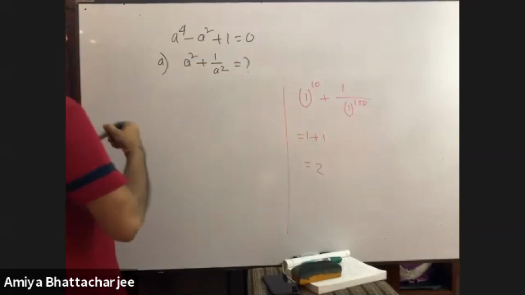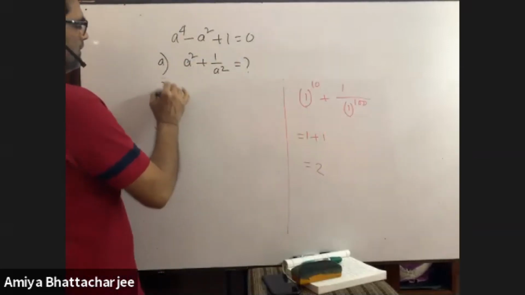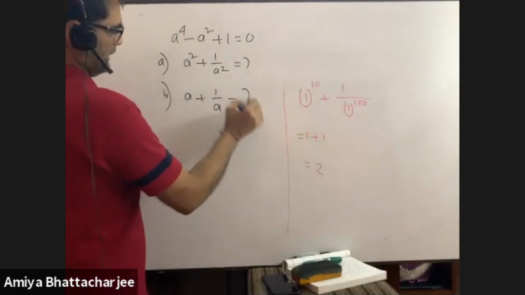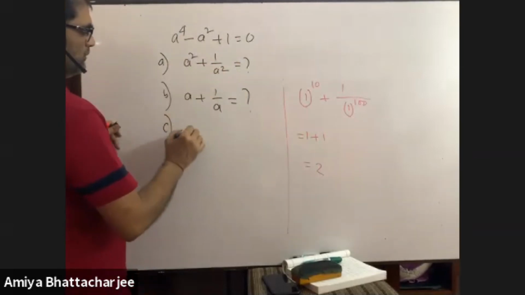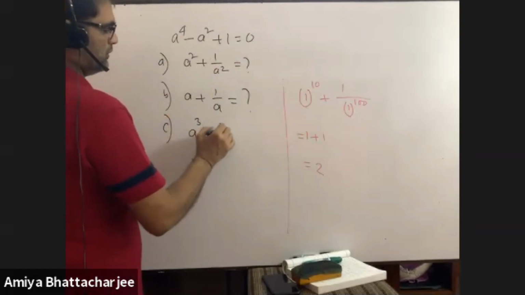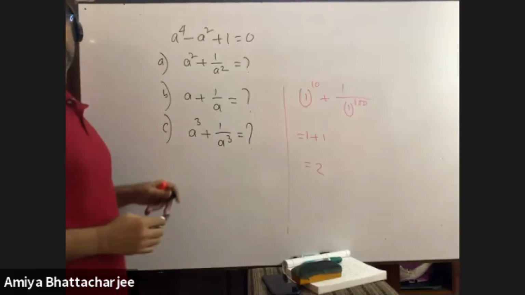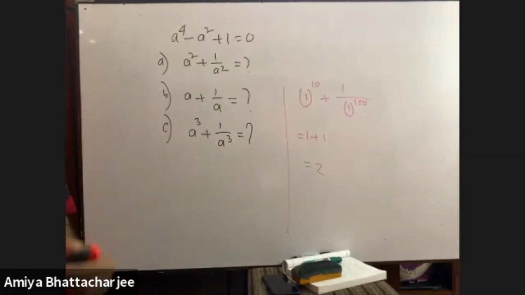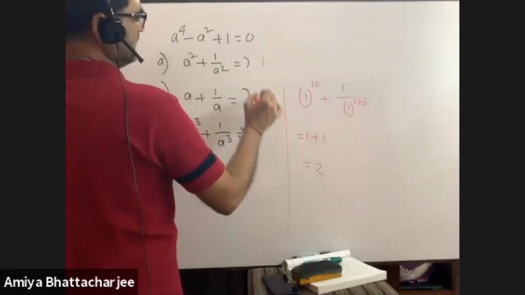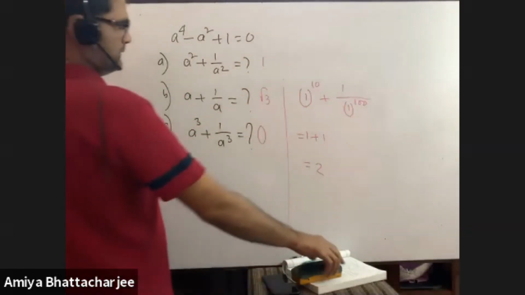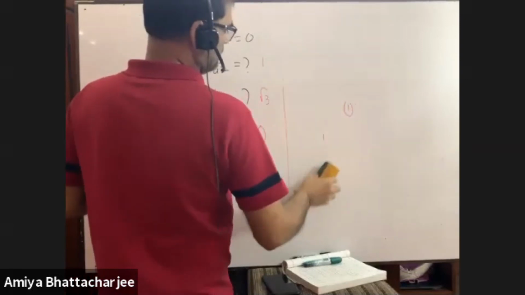You will get the value of a plus 1 by a. You will also get the value of a cube plus 1 by a cube. I think you can do it, right? The answers are 1, root 3, and another answer. Will I do it, or can you?